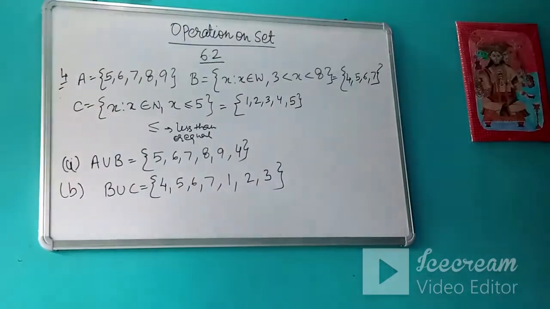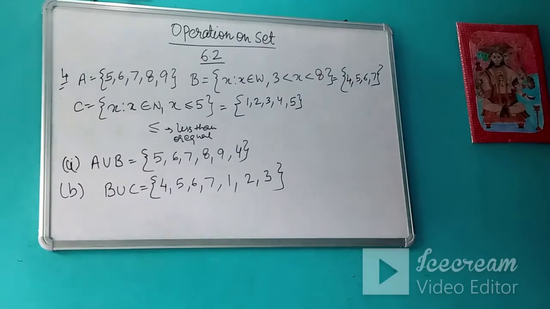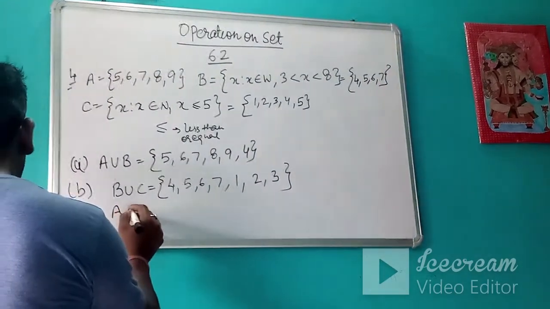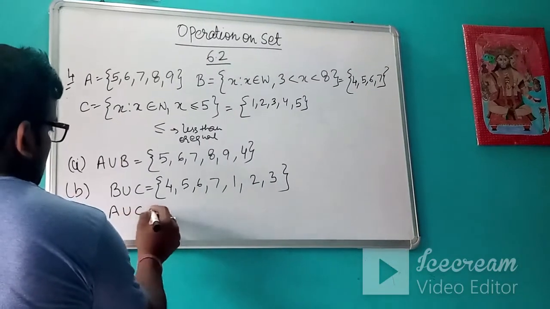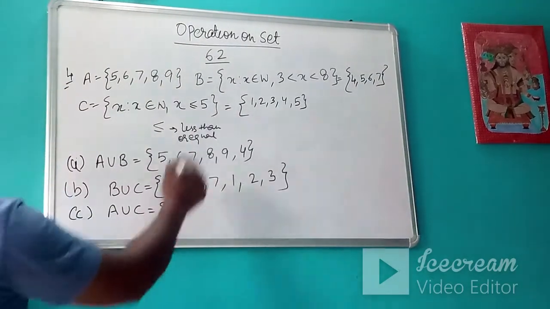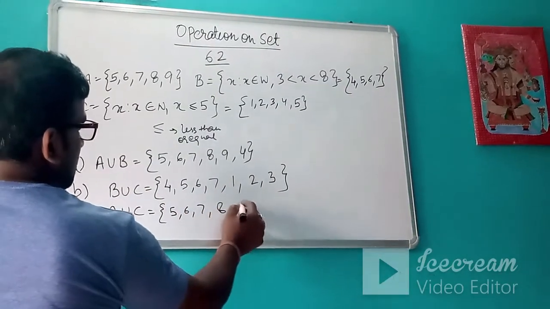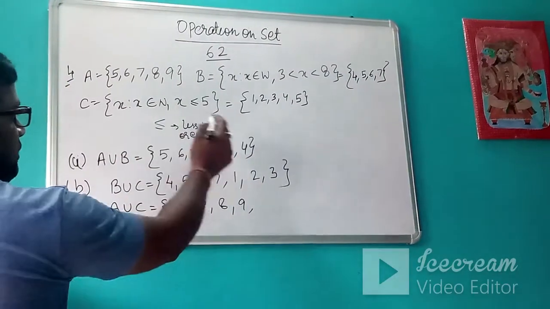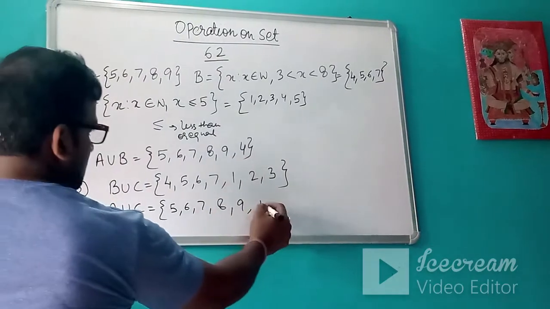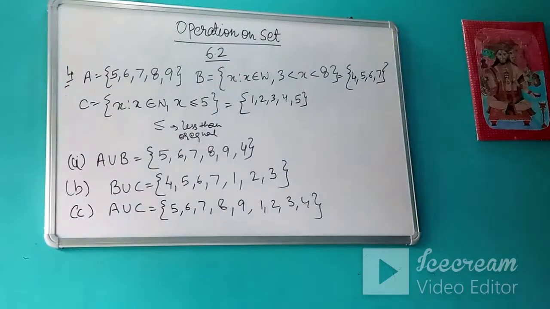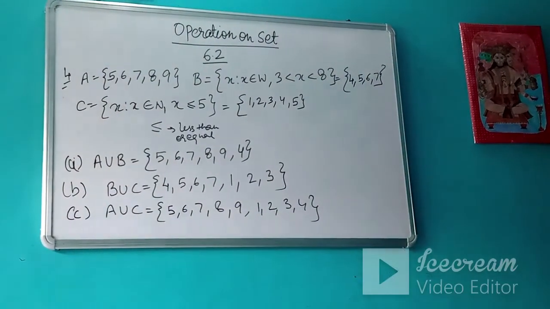So this will be your B union C. Then we will write A union C. I am writing all the elements of A. Now elements of C which are not there in A, that is 1, 2, 3, 4. Like this you can calculate the union of sets.